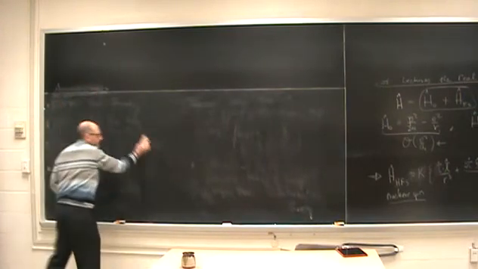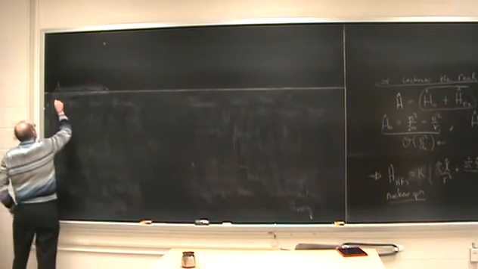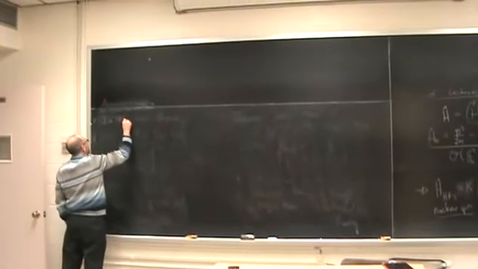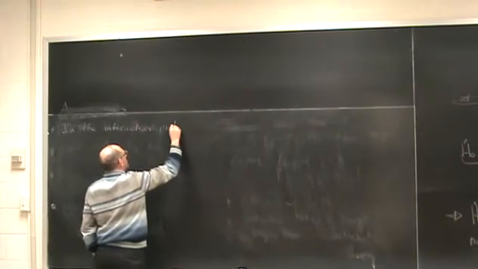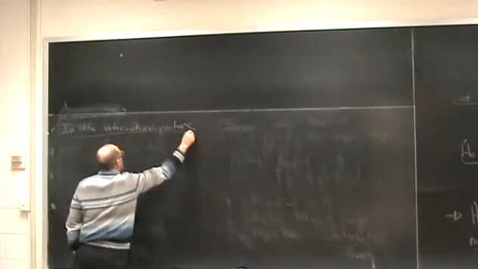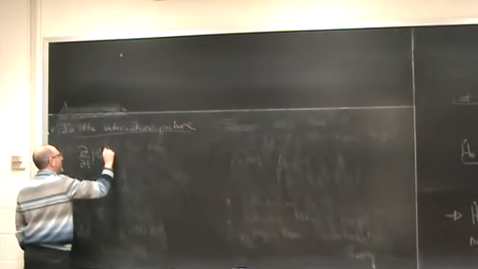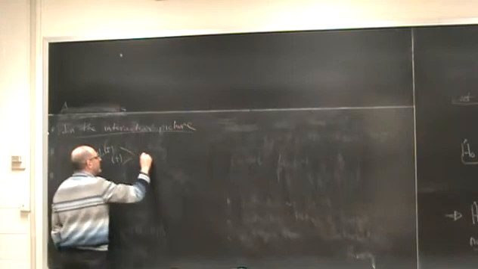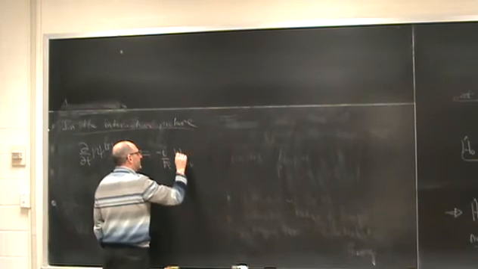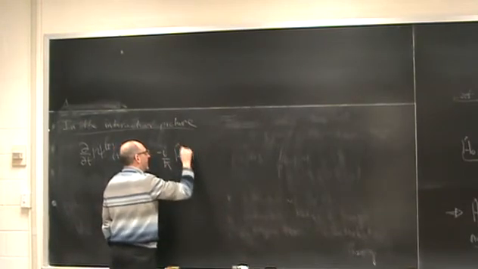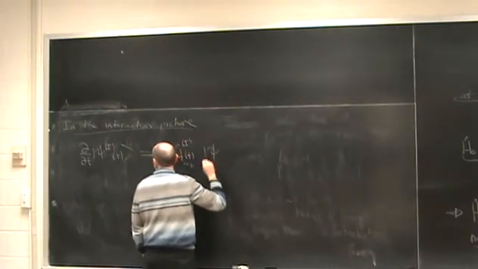This long, complicated derivation gives us what we really want. In the interaction picture, the state evolves according to a Schrödinger-like equation, a time-dependent Schrödinger equation, with a Hamiltonian given by the interaction Hamiltonian in the interaction picture.